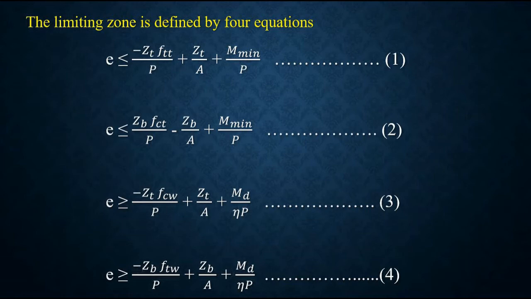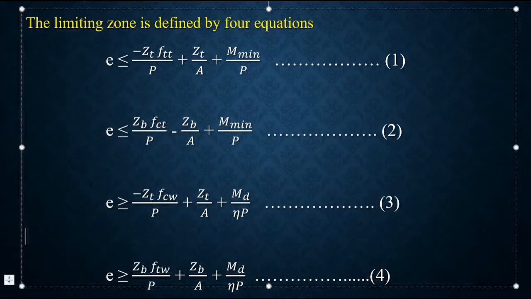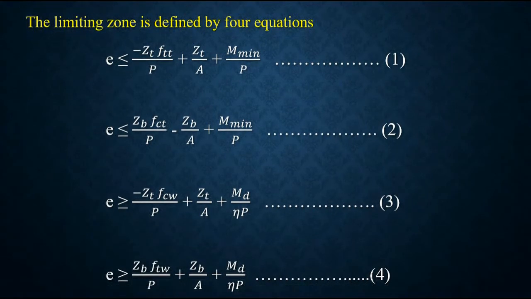I'm really sorry, this fourth one should be positive. I have corrected it now. The second one and the fourth one are positive. The first one and the third one are negative. That is one part. And the first one and the third one are for the top sections.